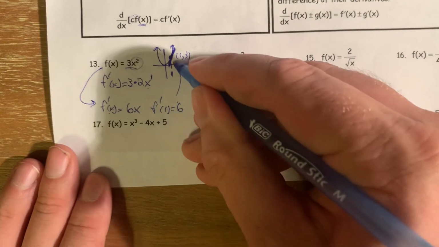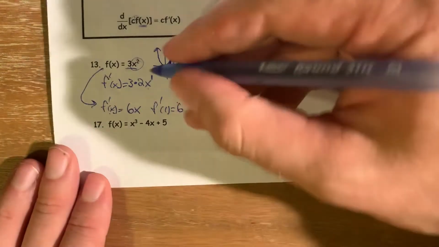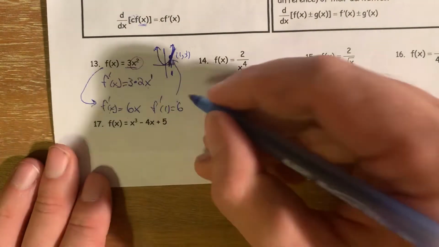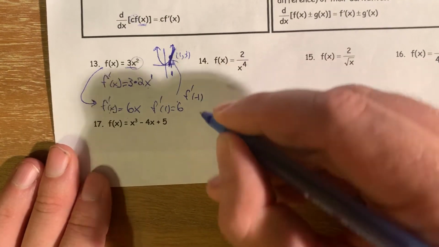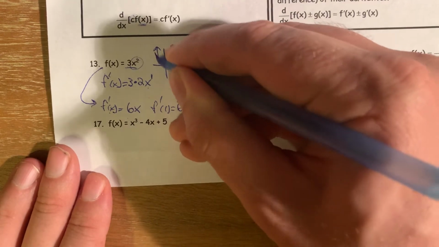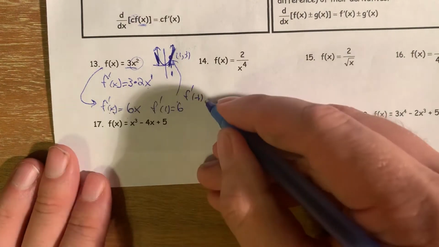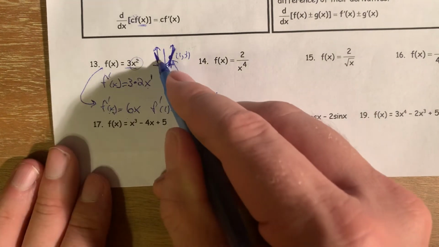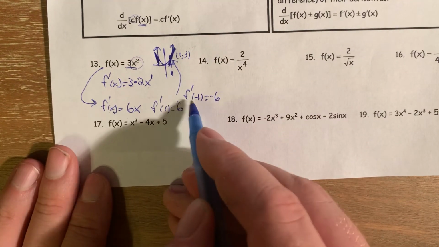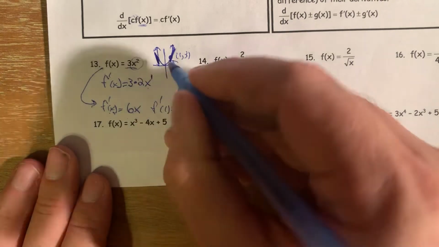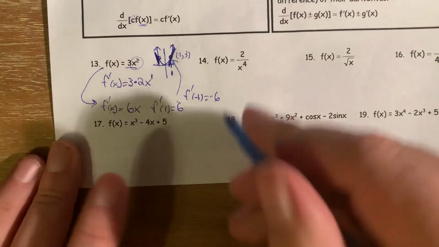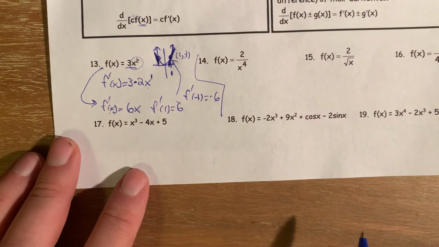And so it's telling us the slope of the curved line. On different parts of the graph, like if we did f prime of -1, that's saying what's the slope at -1? And when x is -1, the slope is -6. If I plug in -1 here, I would get -6, and that's the slope. Even though when x is -1, the y value is still 3, the slope value is -6. So that's what these slope formulas are telling us.